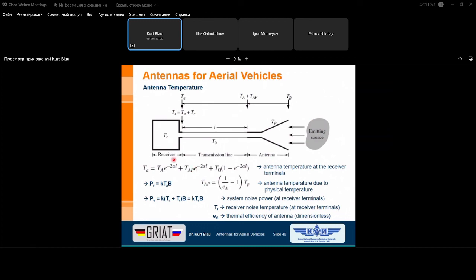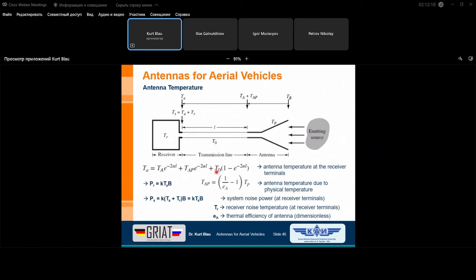And here, this is the attenuation constant of our transmission line, for instance a waveguide or coaxial line, it doesn't matter. This value, you can see here, increases from this plane to this plane. It increases the equivalent parts of the antenna temperature.